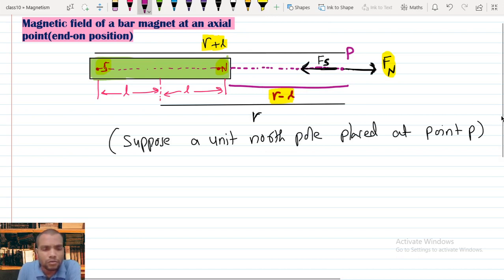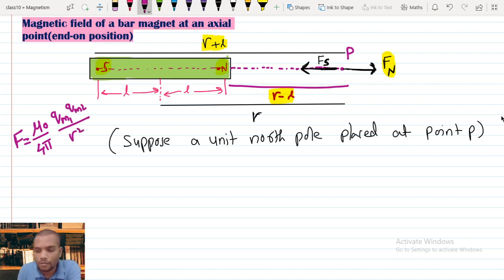Now if I use Coulomb's law of magnetism, force F equal to mu naught upon 4 pi times Qm1 and Qm2 upon r square.